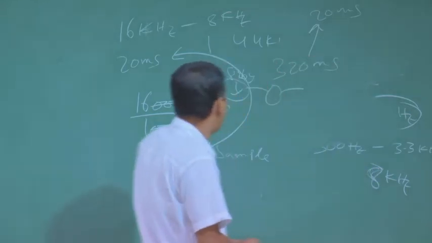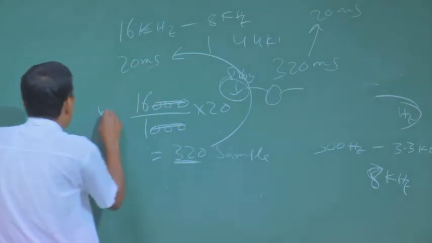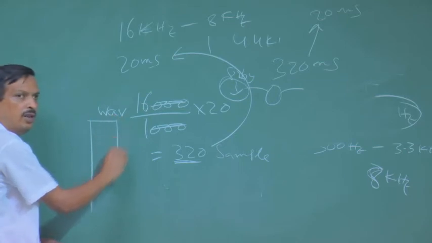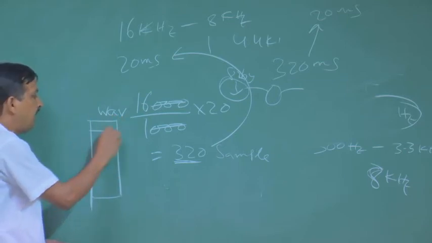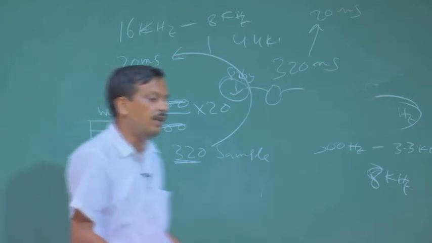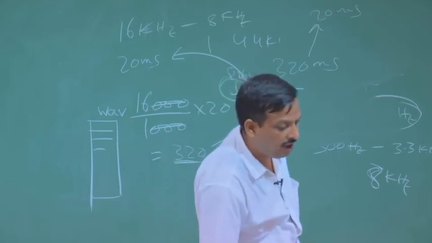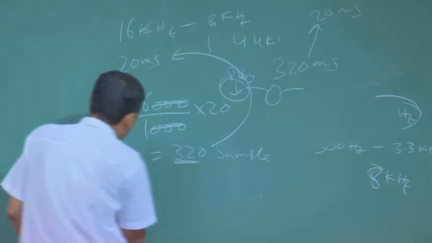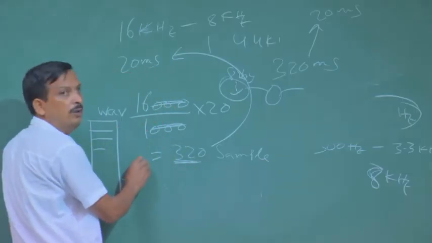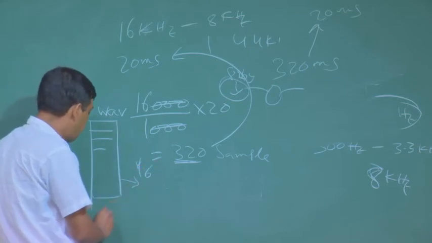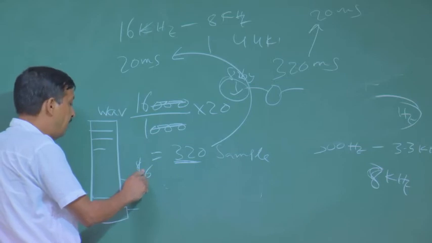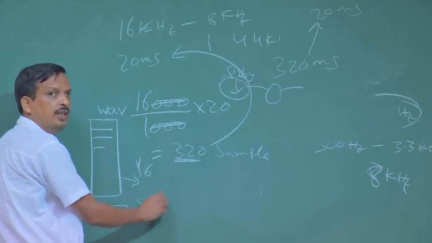Once I get the sound file in .wav format, this is a binary file that contains the whole recording of the sound. There is a header. If you see this header, different chunk positions hold different information. I have to know the sampling frequency of the sound and the encoded bits of the sound. If it is 16 bit, that means 2 bytes represent 1 sample. If it is 8 bit, 1 byte represents 1 sample.